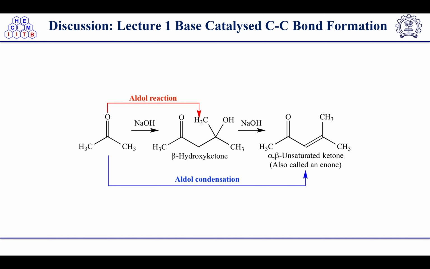Basically in the aldol reaction, suppose we have here acetone, right? This molecule is called acetone. If we subject this acetone to basic conditions, the base will abstract a proton, right? Which proton is more acidic?